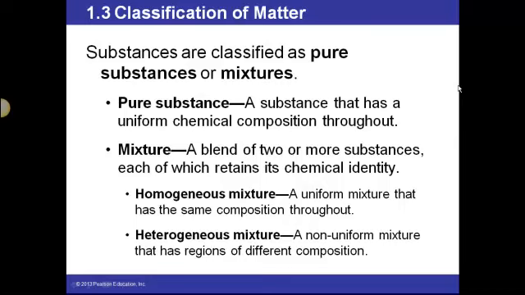Oftentimes you'll have the broth, and that will look like a homogeneous mixture, right? It all looks like the same texture and same composition. But then you'll have noodles stuck in there, and you'll have the chicken, and you might have some vegetables. So you can tell that this is a heterogeneous mixture. It's got different components that you can visibly see are different. So it's a non-uniform mixture.